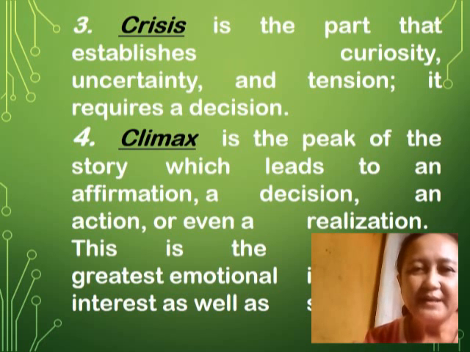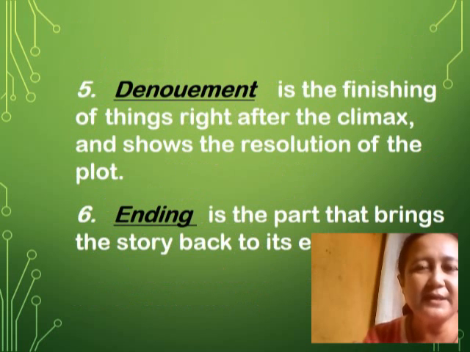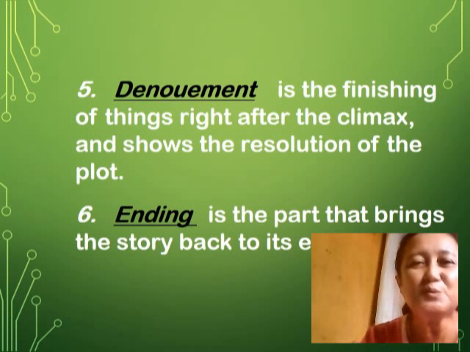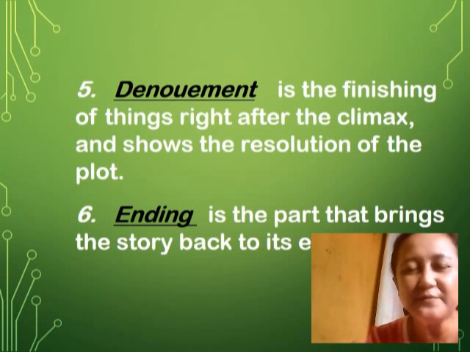Okay. Next, we have the denouement. It is the finishing of things after the climax, the falling action, and that leads to the resolution of the story, whatever problem they had, the conflict that they have encountered, it is being resolved here in the denouement. And the last is the ending part. It is the conclusion.